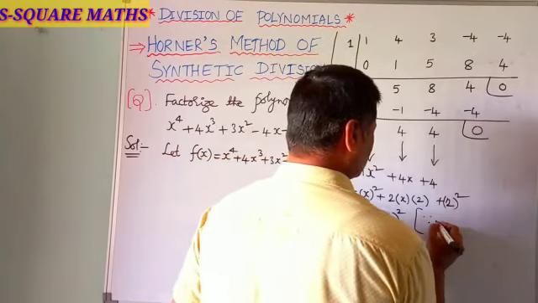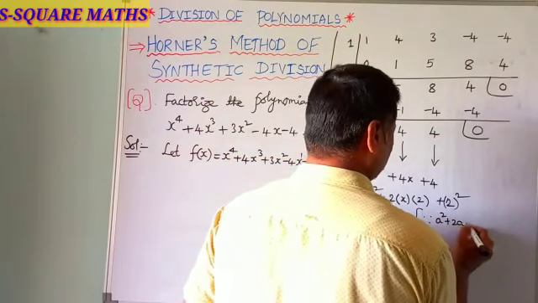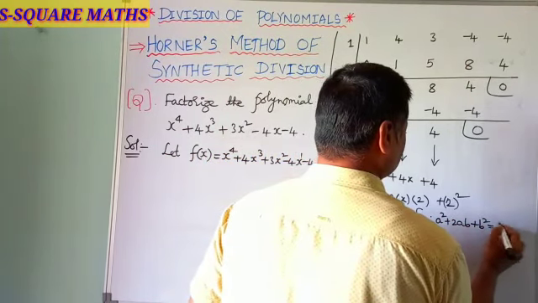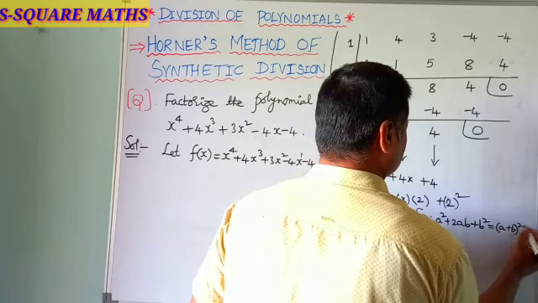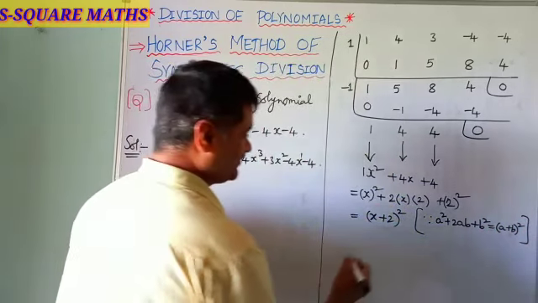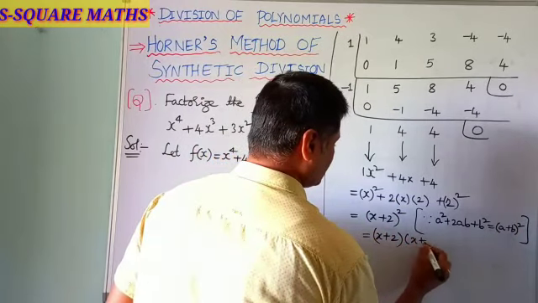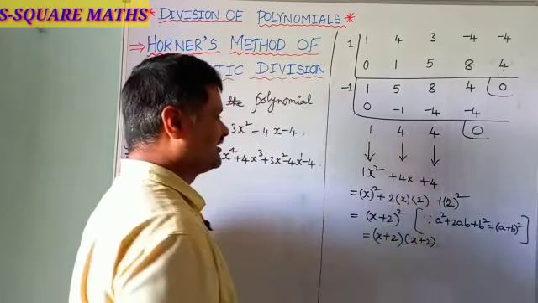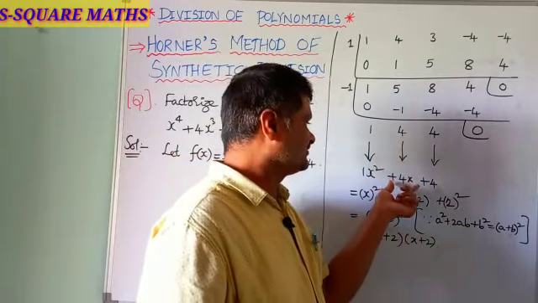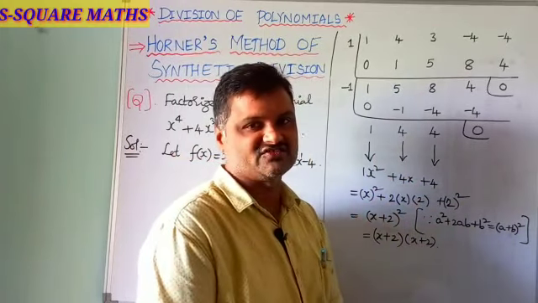Since I have used a square plus 2ab plus b square as a plus b whole square, which gives you x plus 2 into x plus 2. Since here we can apply a plus b whole square for the given expression, I have proceeded in this way.